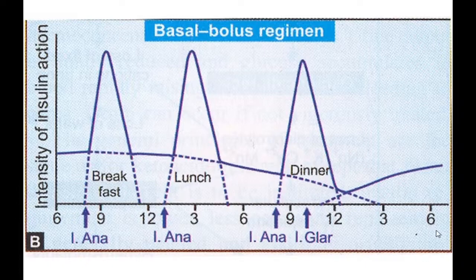Once again, this is an example. Introduction of insulin glargine, and this is continuation, which lasts over 24 hours. This is modeling of basal secretion. And all the time before meal, we introduce an analog, a fast-acting analog, for example, insulin lispro.